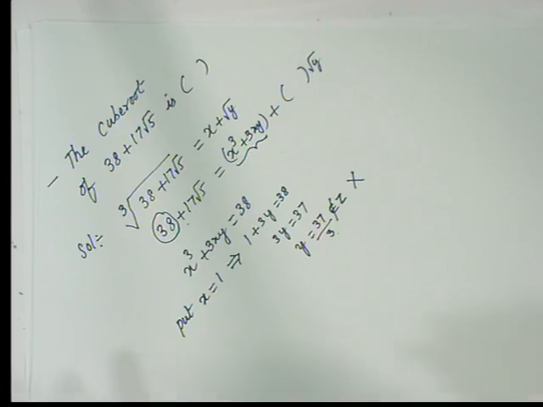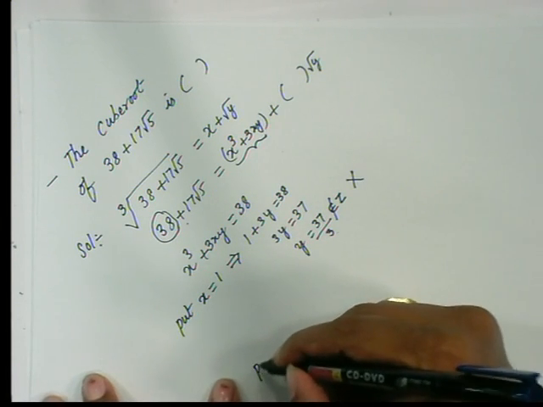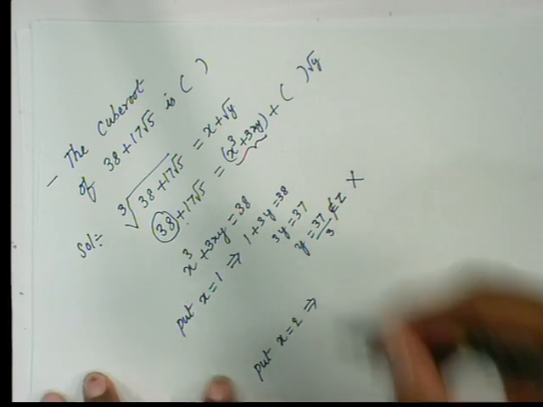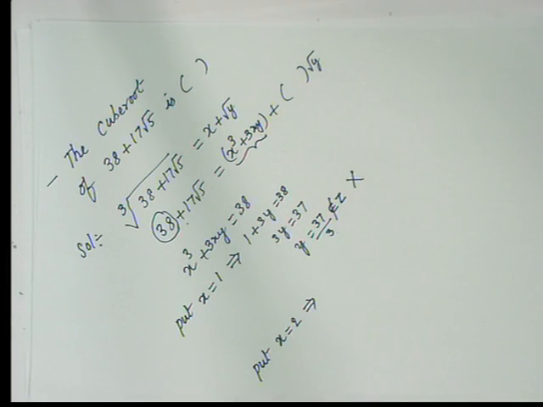So this time, after 1, put x is equal to 2. Let us try. Carefully, here x cube is there. So 2 cube. What is 2 cube? 2 into 2 into 2, 8.